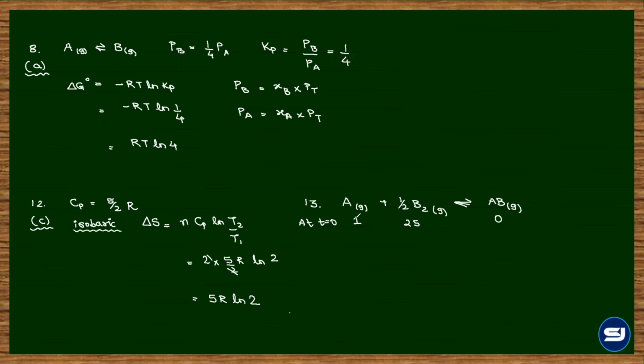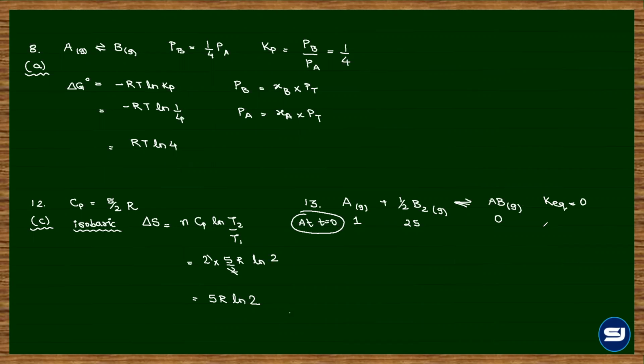So initial means that. What will be the equilibrium constant initially? 0. The expression is partial pressure of products upon the reactants raised to the power, so it is 0.